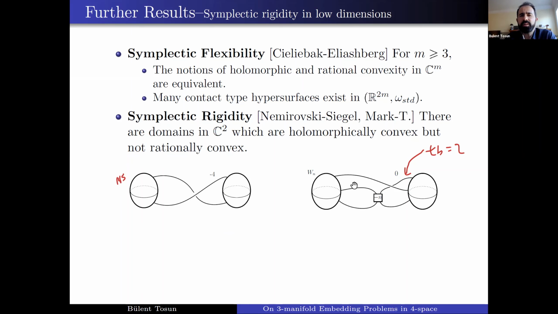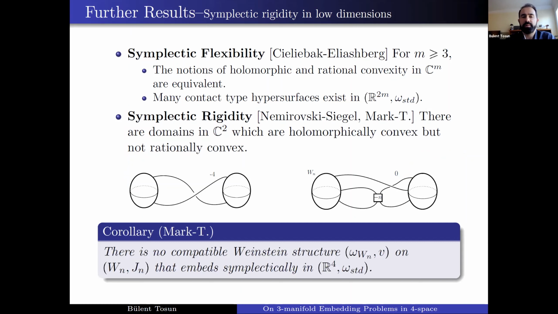Now one corollary of this result, true both for this Wn and for the Nemirovsky-Segal example, is that you would never be able to isotope them to be a symplectically convex domain in R4, in a way that the isotopy fixes the contact structure on the boundary.